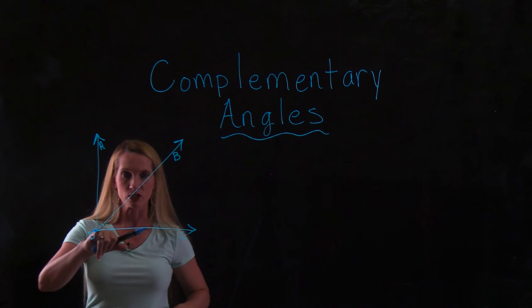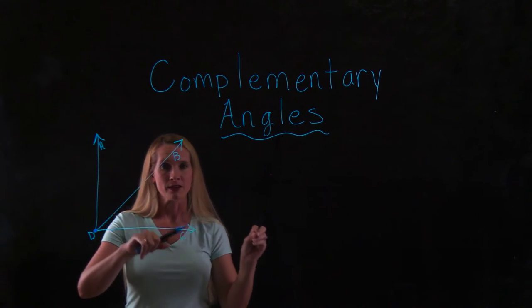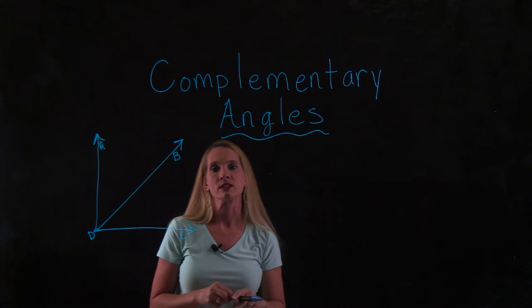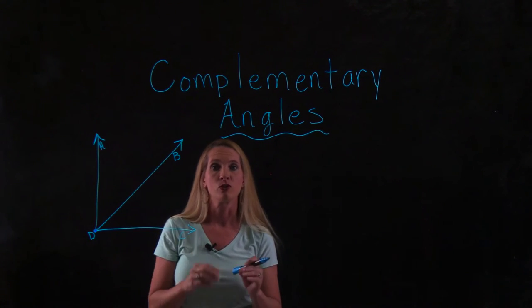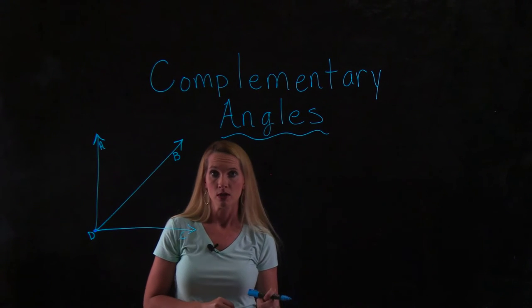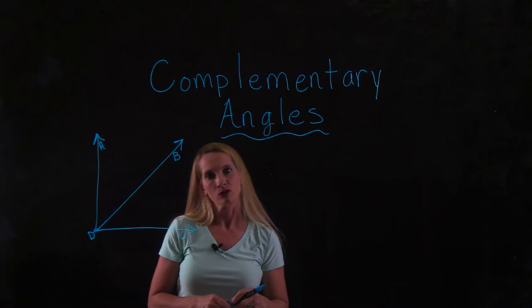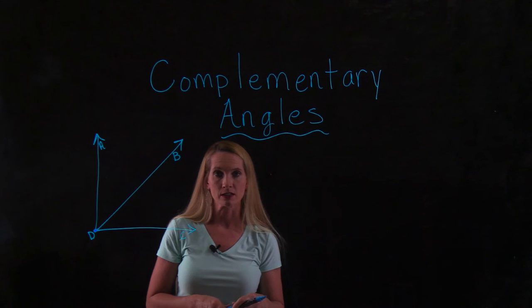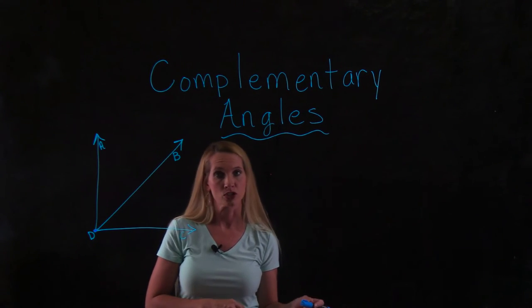They share the same vertex, but what makes them complementary angles is the fact that they come together to form a 90-degree angle. You might have seen that on the basic angle video from Math Antics that Ms. Dyer assigned last week, because it helped us understand.